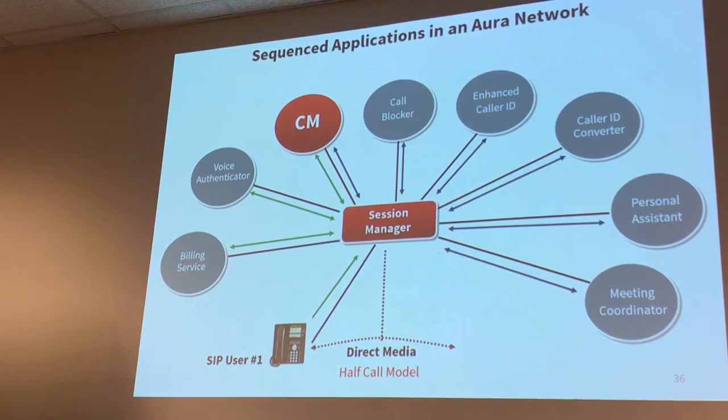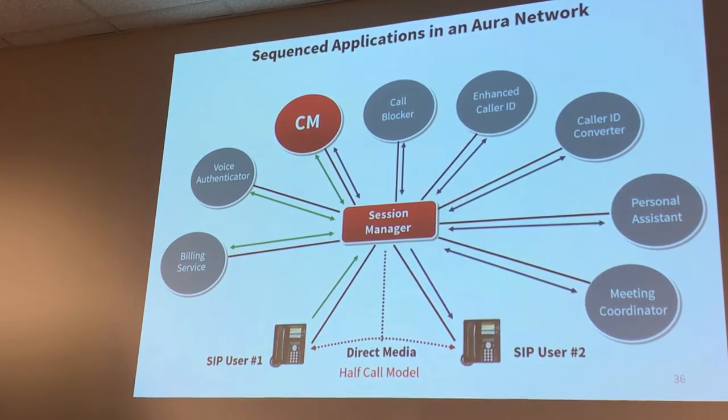Sequencing. Another capability of Session Manager is sequencing, which means that you're able to create a sequence of applications to be invoked when a user either places a call or receives a call. So in this example, you could create a sequence, let's say, for when user 1 places a call, so that in that call, maybe first CM is invoked as a feature server, then maybe another feature server is invoked, like this enhanced caller ID feature server, and then the call blocker feature server is invoked.